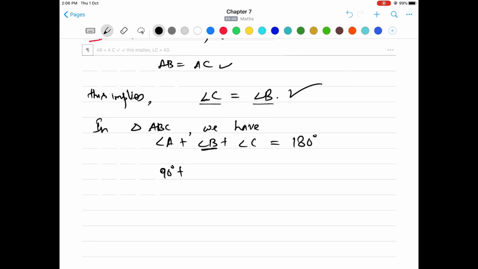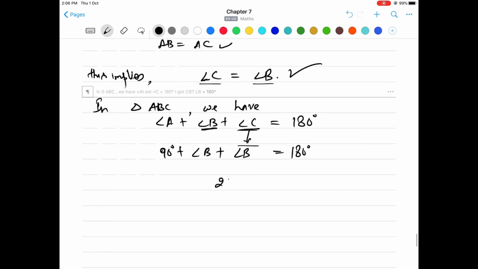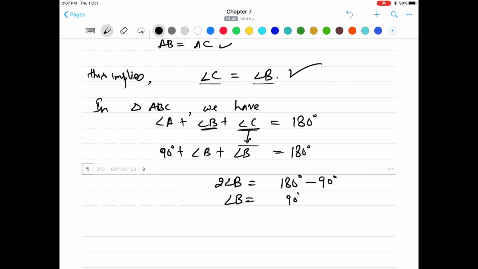So in the place of angle C we can write angle B, because the measures of both angles are equal, so we can replace one by the other. So 90 plus twice angle B will be equal to 180 degrees. Moving 90 to the other side as minus 90, twice angle B equals 180 degrees minus 90 degrees, so angle B is 90 degrees divided by 2, which is 45 degrees.